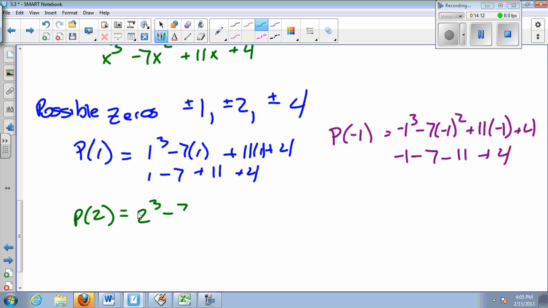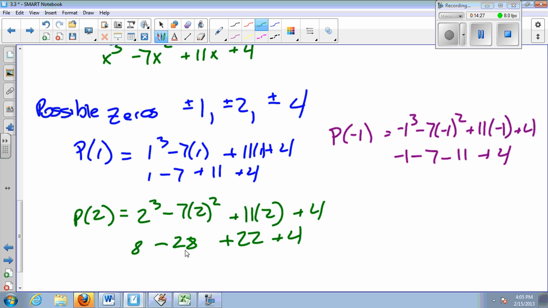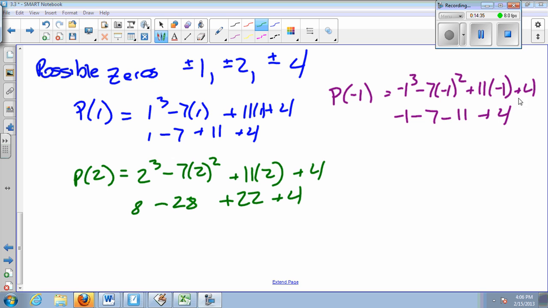Two cubed minus 7 times 2 squared plus 11 times 2 plus 4. So 8 minus 28 plus 22 plus 4. Looking at the problem, negative 2 will not work either. So let's try P of 4.